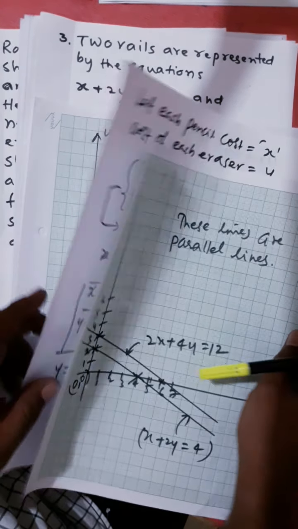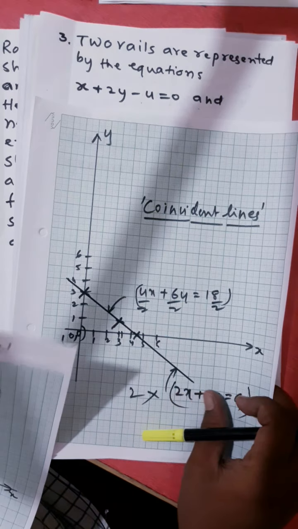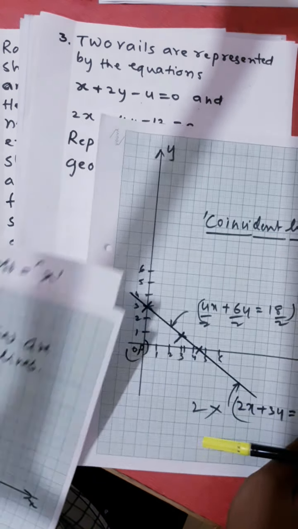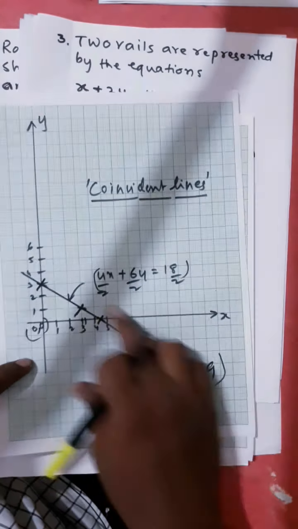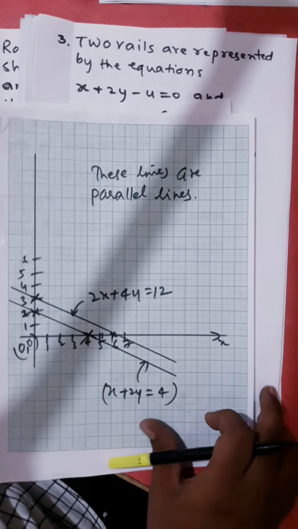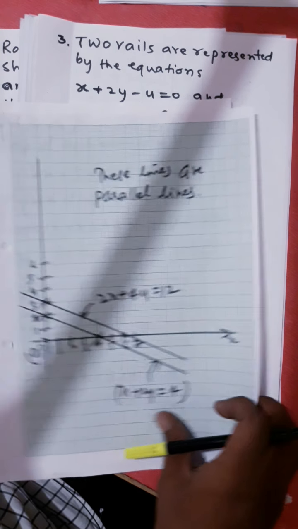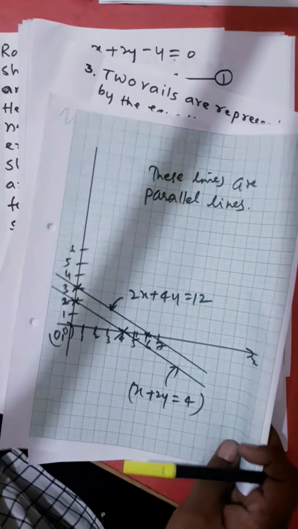Then after this, we studied one more example, this one, which is the example we studied for coincident lines. And this is the third example.